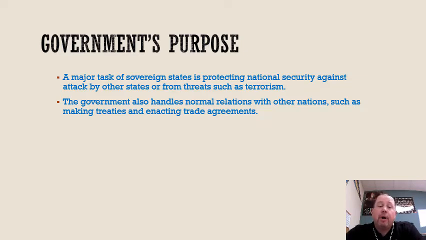Government is also responsible for handling regulations or interactions with other governments, right? Again, I couldn't handle foreign affairs with the Canadian government all by myself, and the Canadian government certainly wouldn't have the patience to try to interact with and reach agreements with 330 million different Americans.